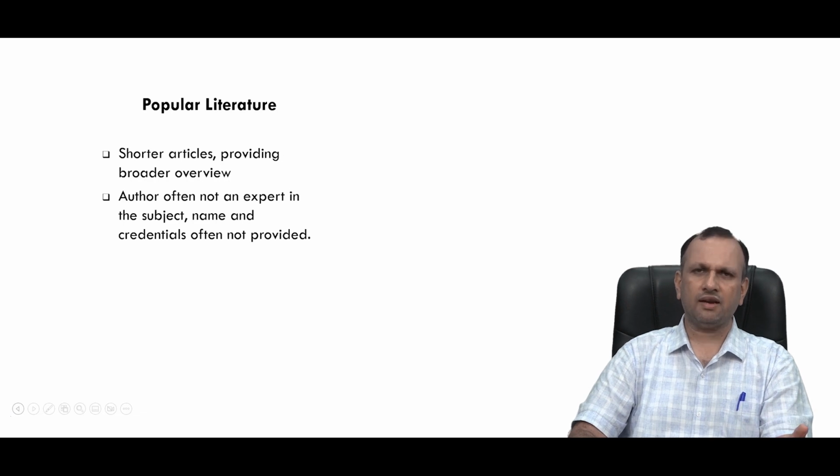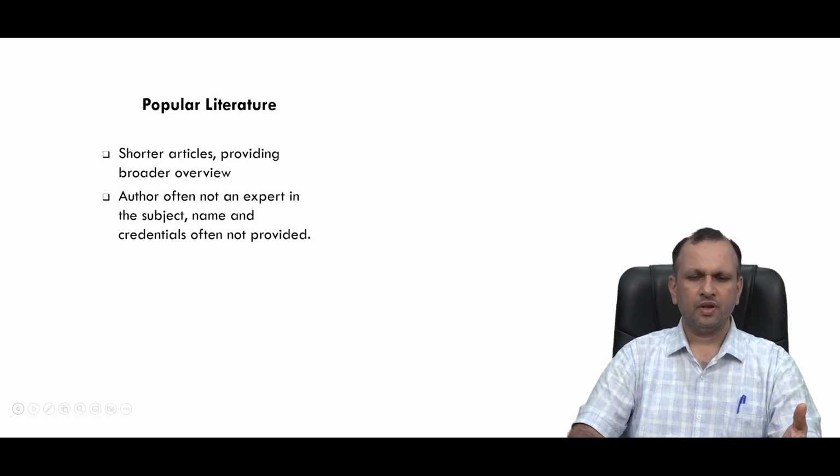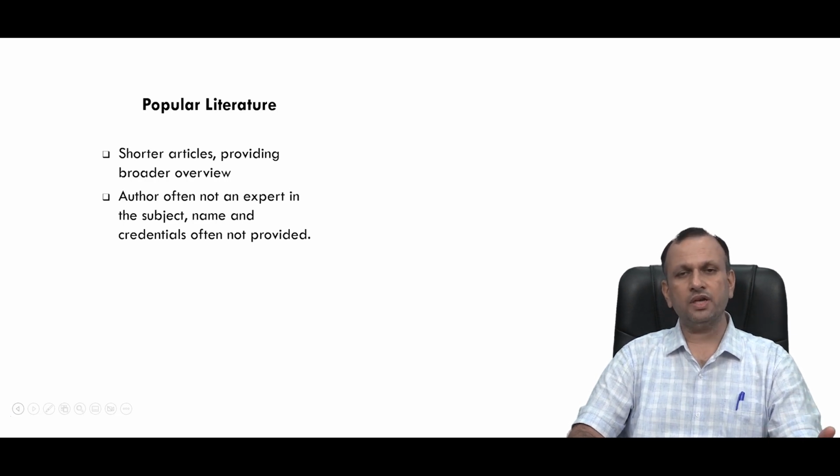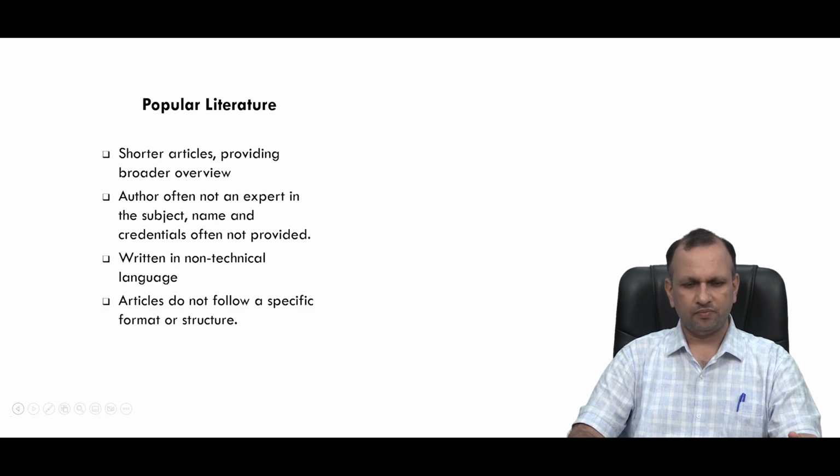Even a journalist can write popular articles. Often they are written by journalists, not experts in the field. Names and credentials of the authors may not always be published in popular literature. And usually these articles are written in non-technical language. And articles do not follow a specific format or structure. Most of the time they do not follow a specific structure.